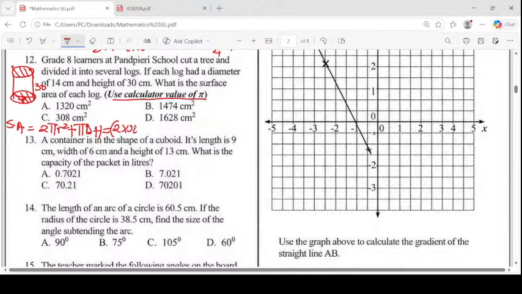So I'll maintain pi times the radius. If the diameter is 14, then the radius is 7 squared, because we are squaring the radius. So this is times 7 squared, then plus pi dh. So pi times the diameter 14 times the height of 30.